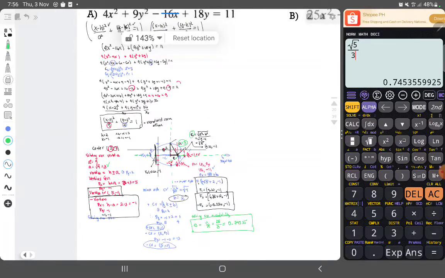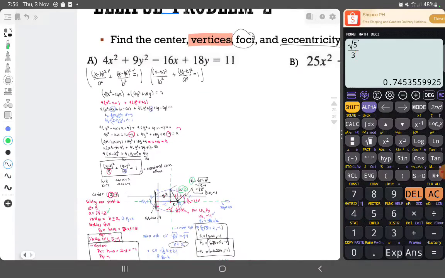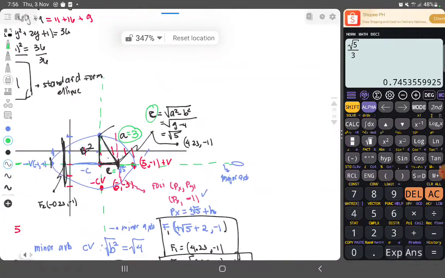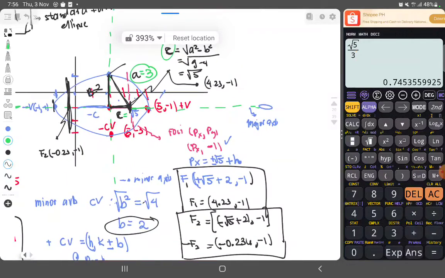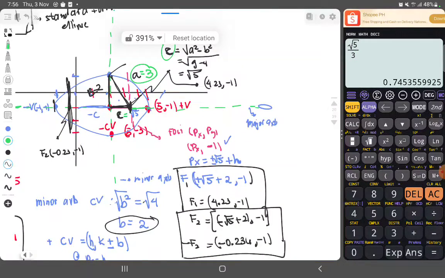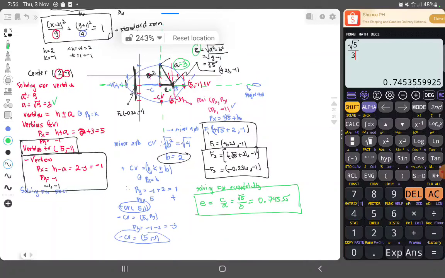Now you see that if our center is not at 0, 0, or our center is at (H, K), we would add or subtract our H or K depending on what the major and minor axis is in our equation. For this, our major axis is found in our x-axis, so that is a horizontal ellipse.